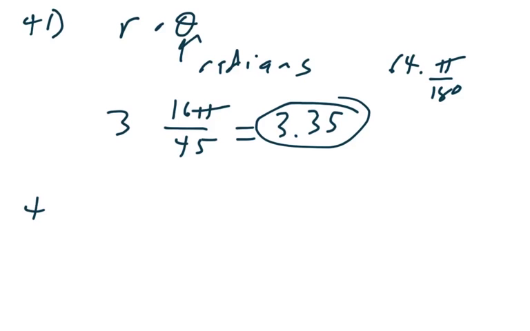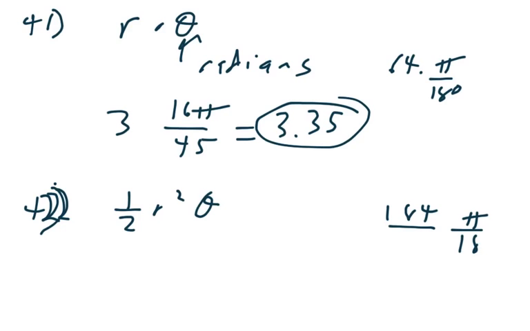For 42, you get 1/2 r squared theta, but once again it's got to be in radians, so I'm going to do 184 times pi over 180. So 184 over 180 is actually 46 over 45.